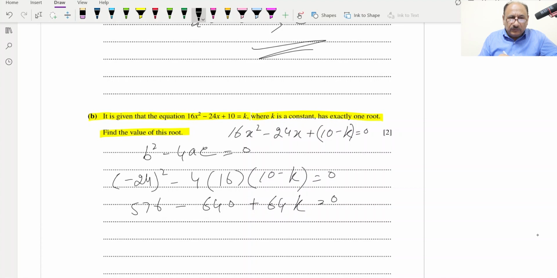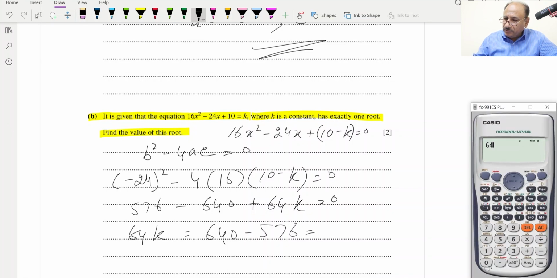Now we can add the like terms. So 64k is equal to 640 minus 576, and 640 minus 576 will be equal to 500. No, it's 640, I've written 6.